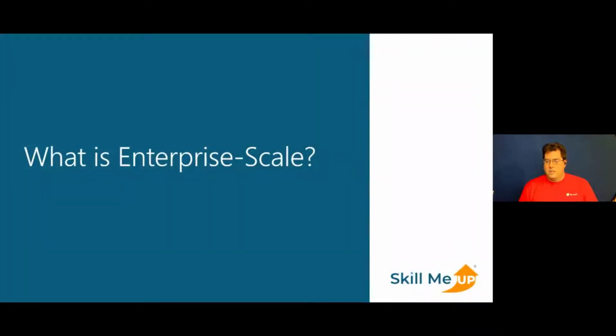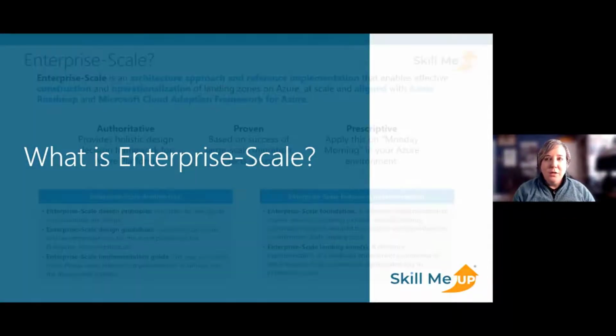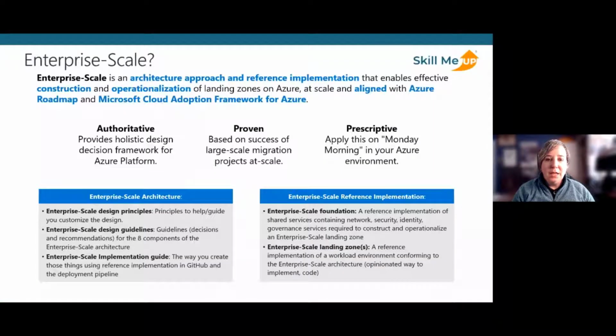So we'll start with what is enterprise scale. So enterprise scale is an architecture approach and reference implementation that enables effective construction and operationalization of landing zones in Azure. So this helps you kind of align with the Microsoft Cloud Adoption Framework for Azure, right? It'll represent the strategic design path and target technical state for your Azure environment.